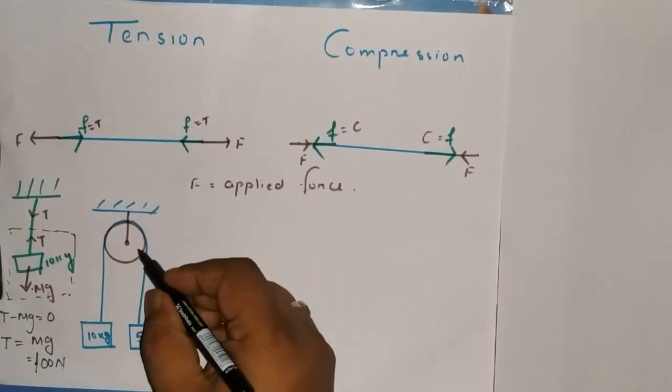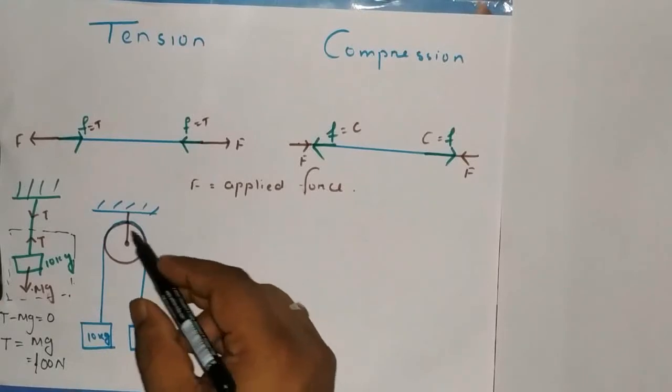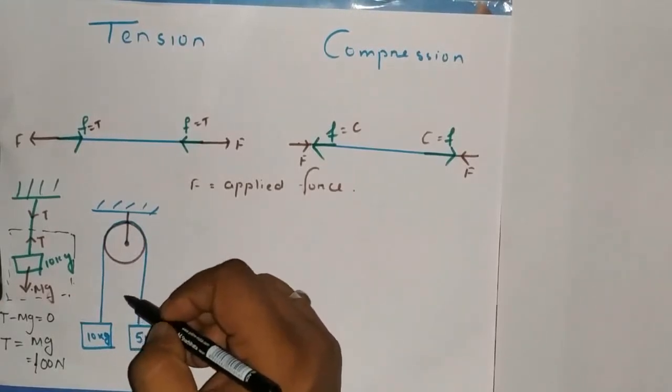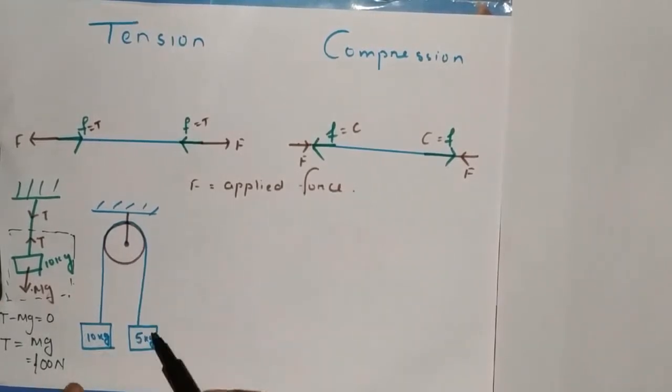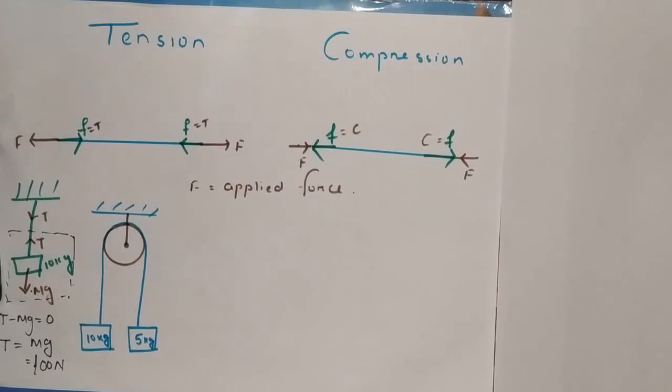Let us go for a pulley problem. Here, with the help of a massless rope, you can consider two masses, M1 and M2. What are you thinking? Will the bodies be stationary or will they move? Whatever you are thinking, just express.